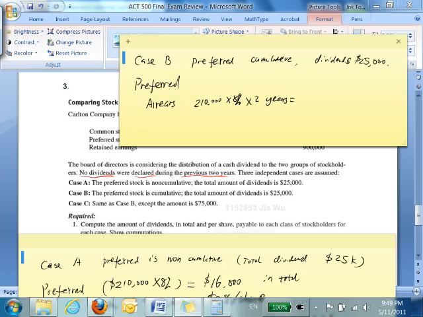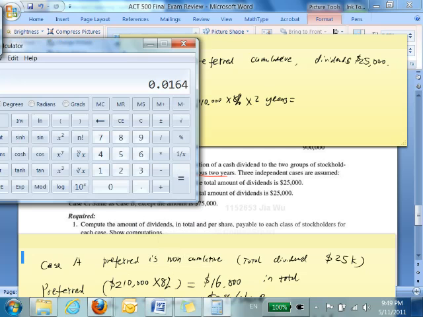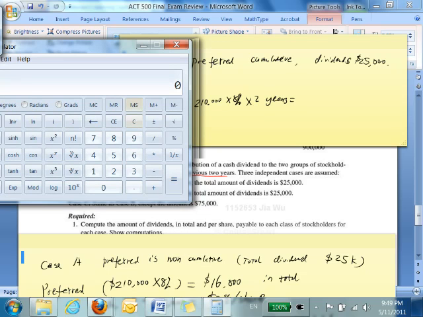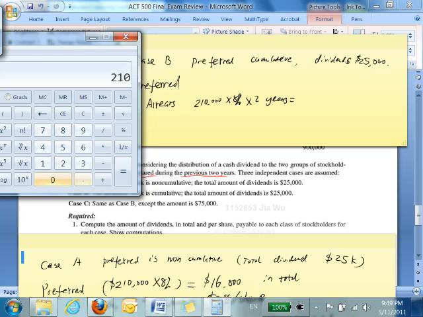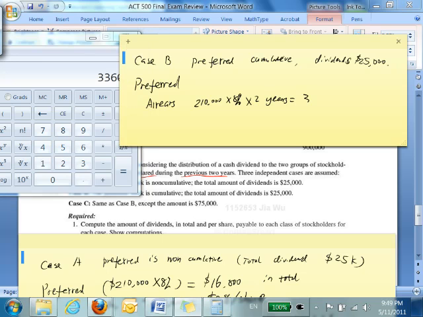What do we get? $210,000 times 8% times 2 is 33,600. Okay, this amount is larger than the 25,000 dividends declared for this year.